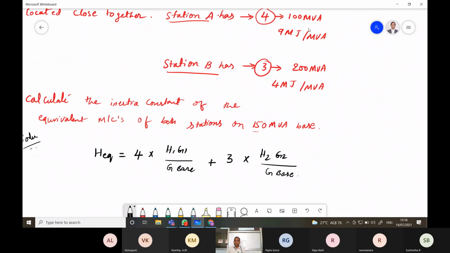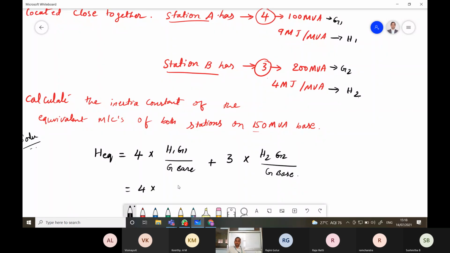G1 is 100 MVA and G2 is 200 MVA, H1 is 9 megajoule per MVA and H2 is 4 megajoule per MVA. So substitute the values here.